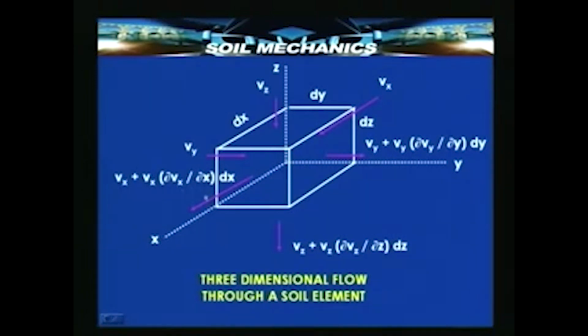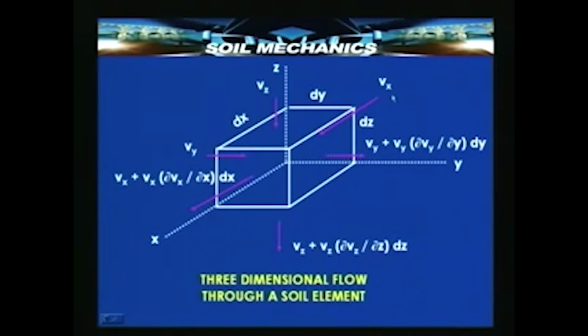This way of expressing the inflow and outflow we had used also while studying the 1-dimensional flow. All that we have done now is to extend that to all 3 dimensions.